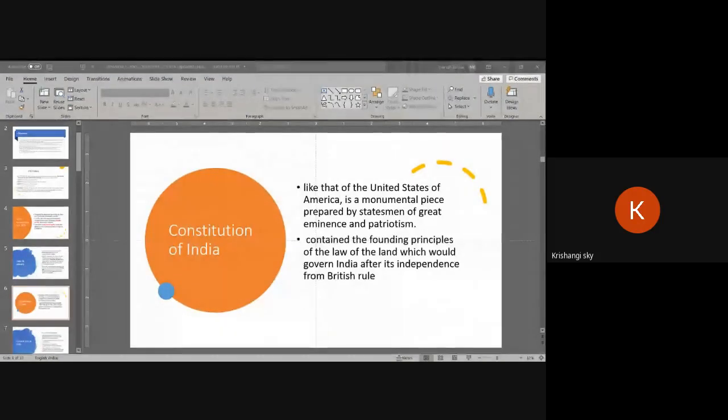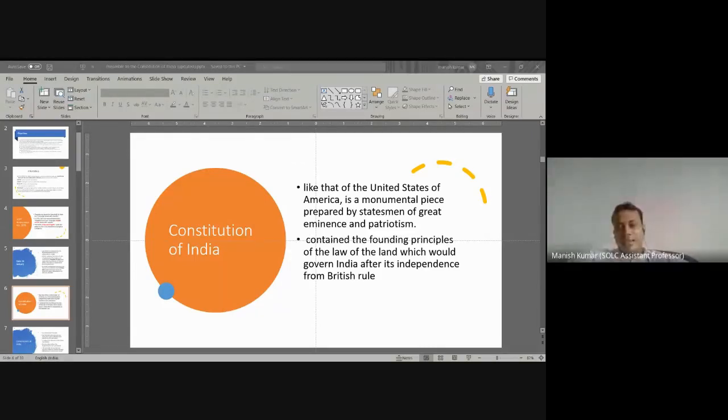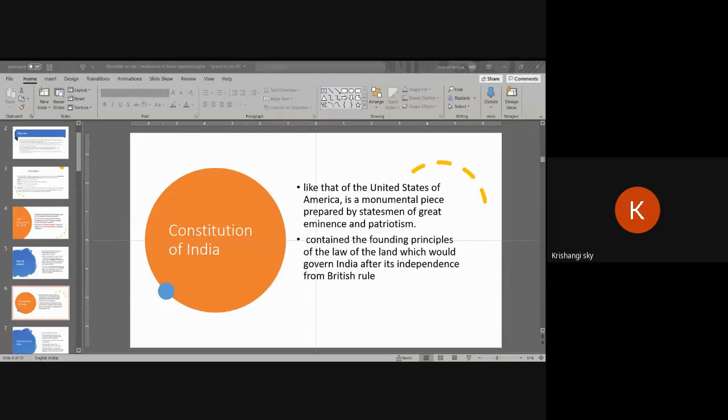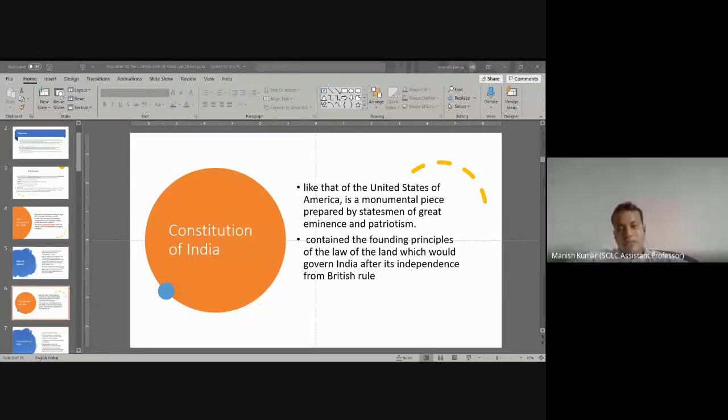India celebrates the adoption of the Constitution on 26 January each year as Republic Day. So we started celebrating this day as the Republic Day.